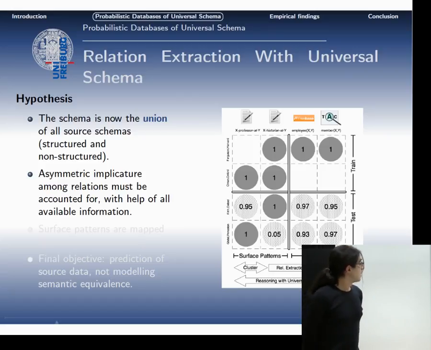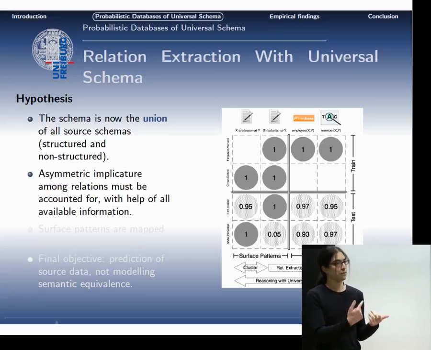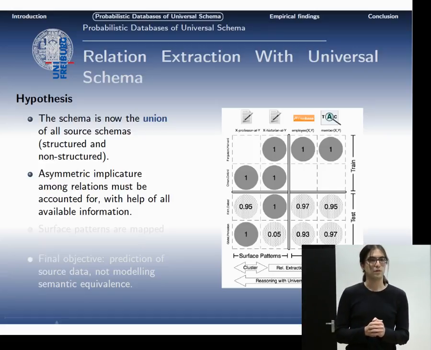That is, the relation X historian at Y usually implies X professor at Y, but not the other way around. If it were true, then Gödel professor at Princeton would imply Gödel historian at Princeton, which is, as we have seen, not the case.